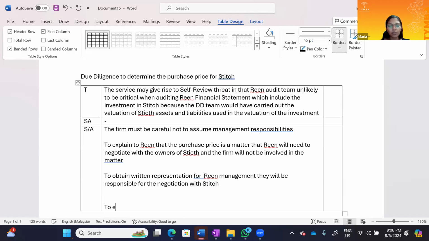So explain to Rin that the due diligence is merely, what do we do when we do due diligence? What is our actual role? What is the objective? Due diligence is to uncover facts and what?